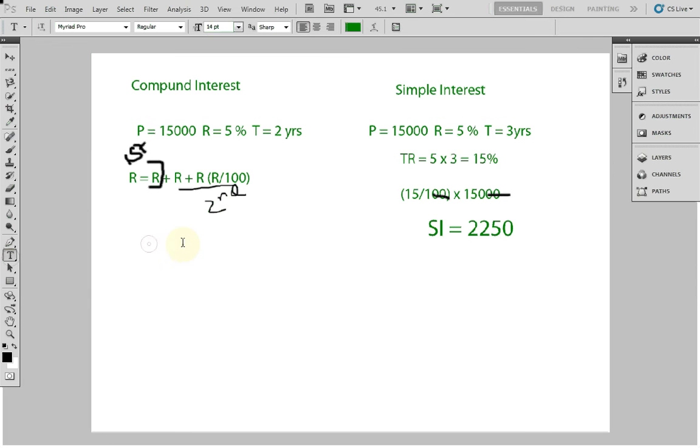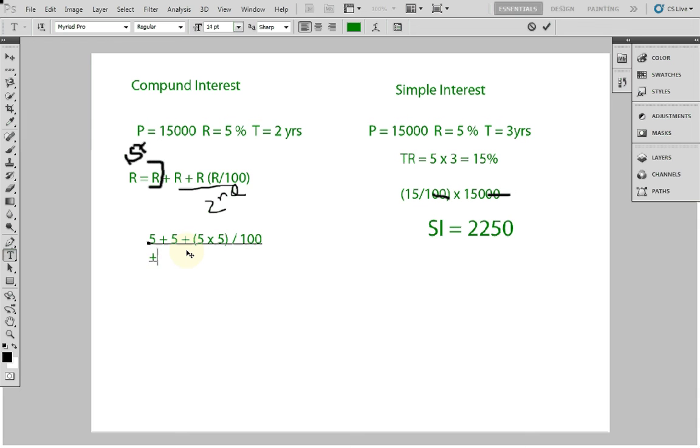Here you will get 5 plus 5 plus 5 into 5 whole divided by 100.